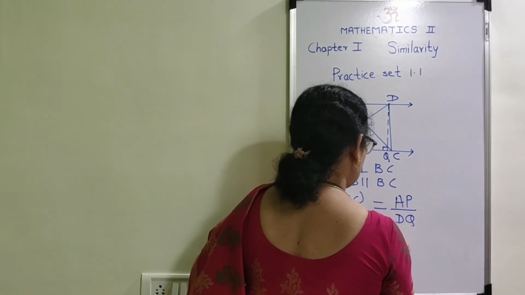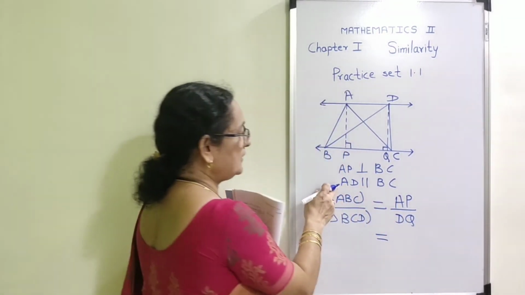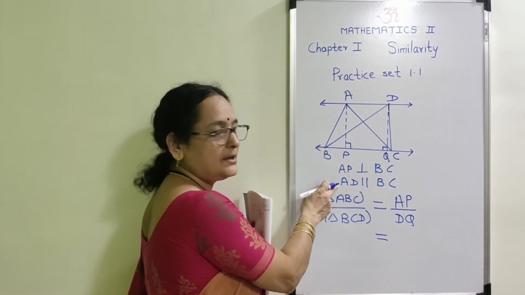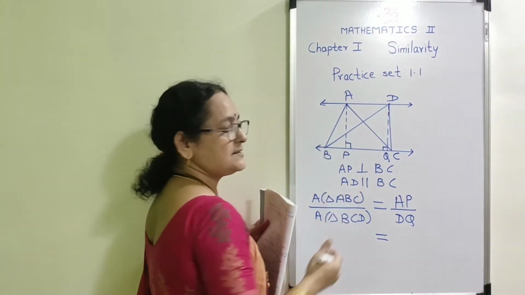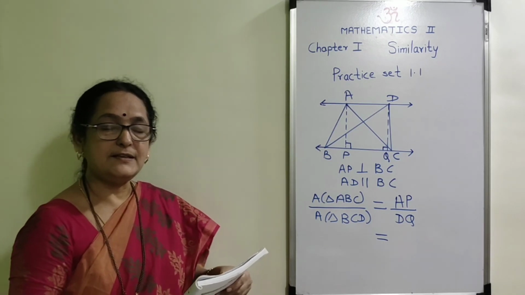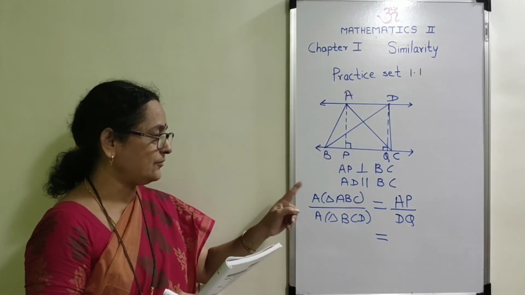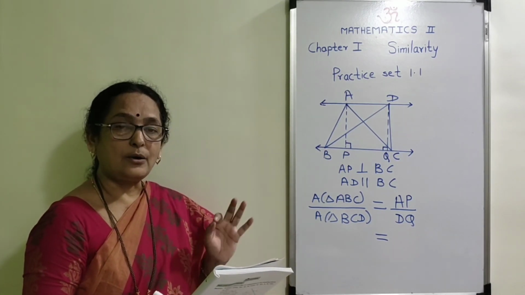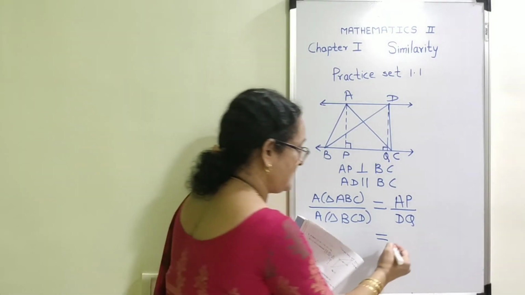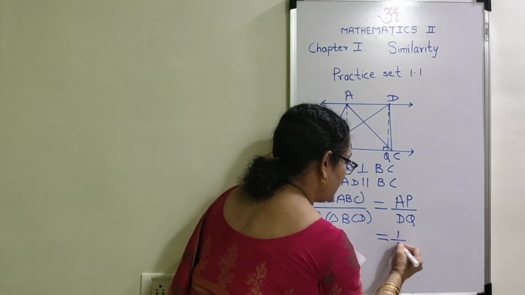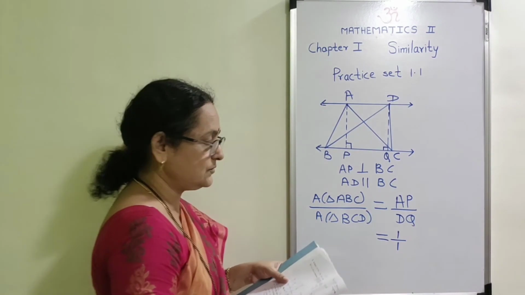But we know that since the given lines are parallel to each other, the perpendicular distance between the two lines is always equal, and therefore AP and DQ are also having the same length, and therefore the ratio is equal to 1:1.